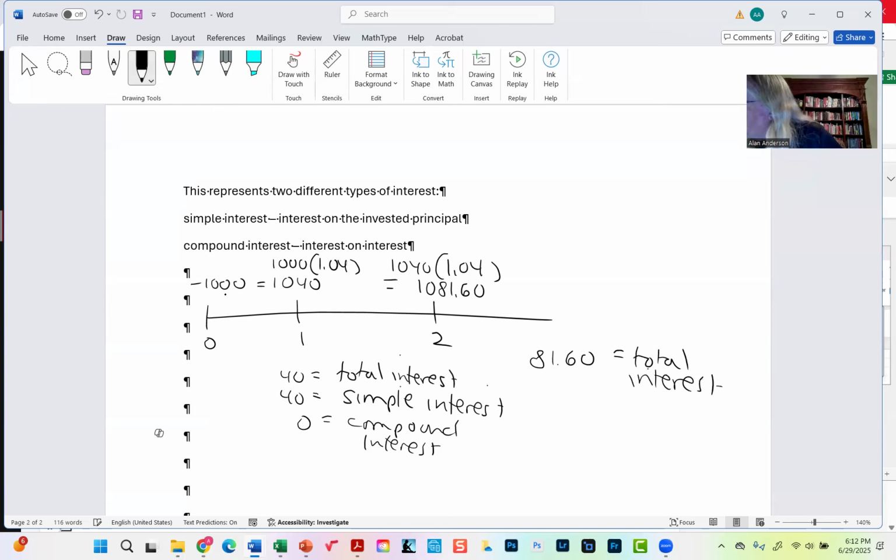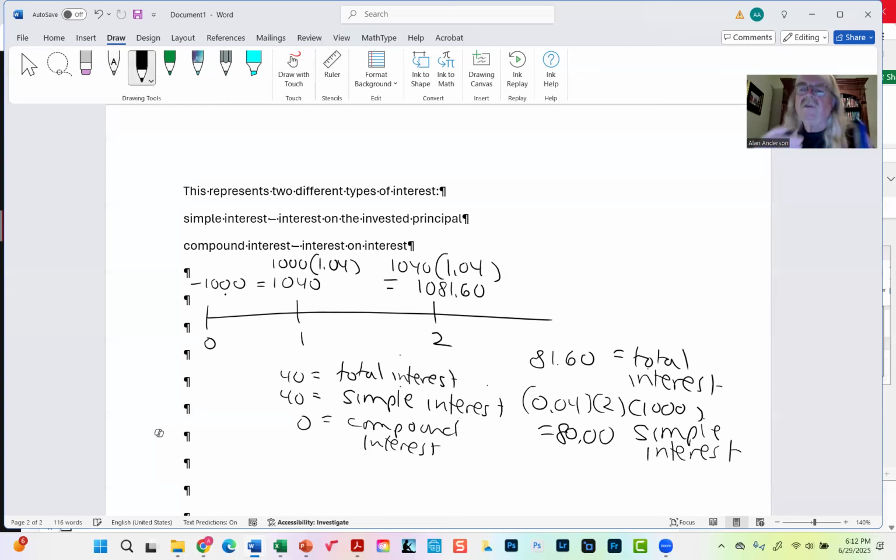Now, 4% for 2 years times the original principal of $1,000 is $80. That is simple interest. And that will never change. In other words, I'm earning $40 a year in simple interest, which implies that the rest is what we're going to call our compound interest.